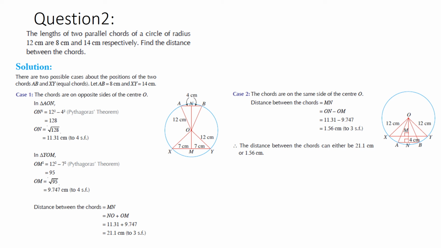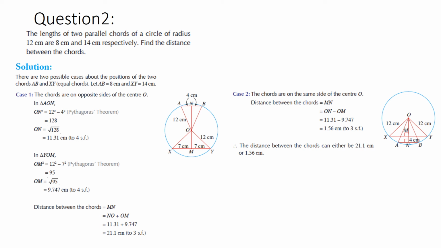Now let us take case 2, in which the chords are on the same side of the center. Here the distance between the chords will be equal to MN, and that can be calculated as the difference between ON and OM, that is, ON minus OM. Since we have already calculated the values of ON and OM, substitute those values in this.